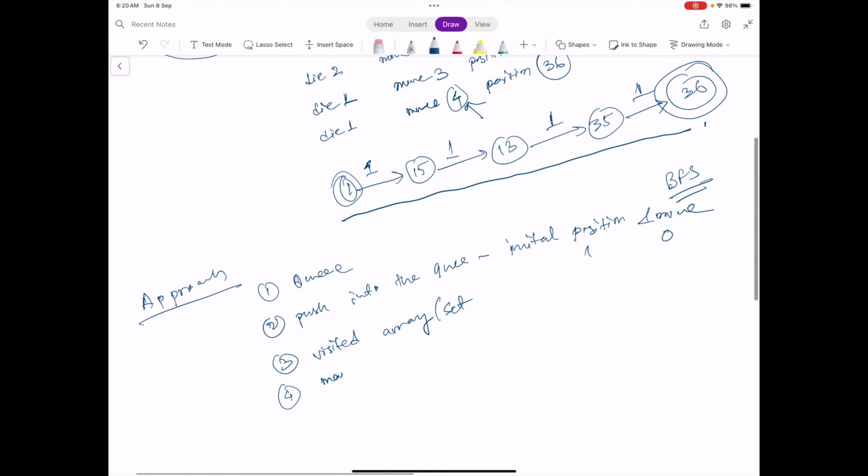Mark the initial position as visited. Done.